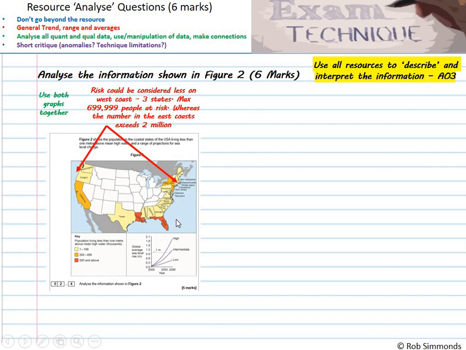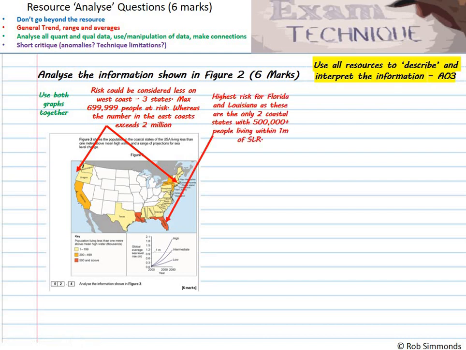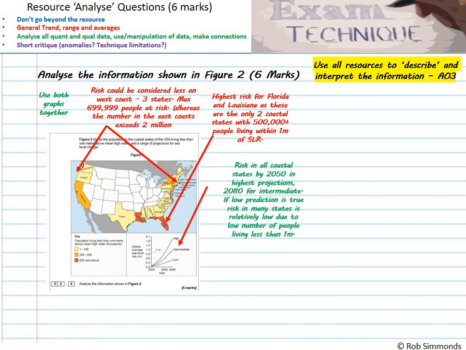So I'm trying to engage with data and give figures. Another important annotation that I'd be making in my head in the exam is that the highest risk is clearly in Florida and Louisiana. I can't comment exactly on this risk number as it's 500,000 and over, but it certainly shows where the risk is highest.